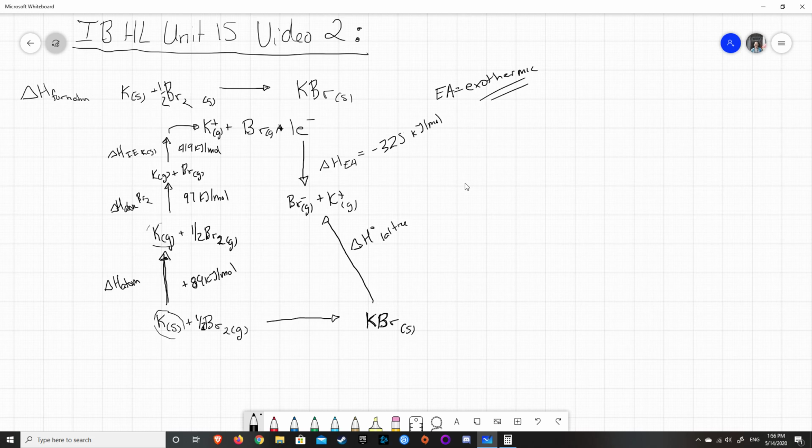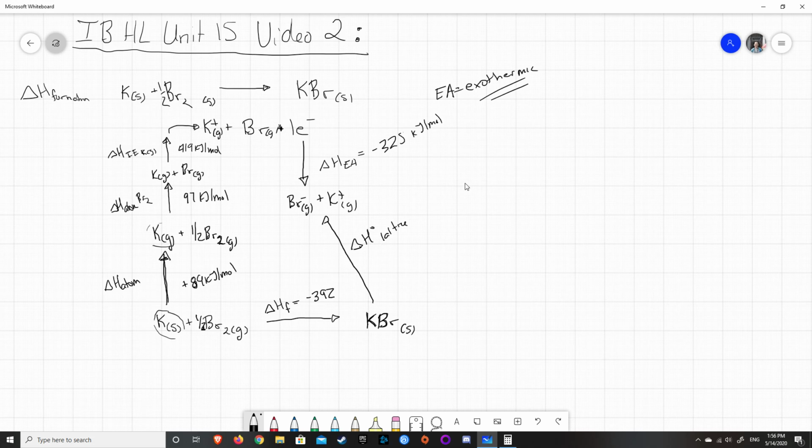And remember, we called that the delta H of the lattice enthalpy. Because remember, the lattice enthalpy was the energy required to turn a solid ionic compound into its constituent ions in the gas phase. And from our textbook, our delta H of formation is equal to negative 392, and this is all in kilojoules per mole.